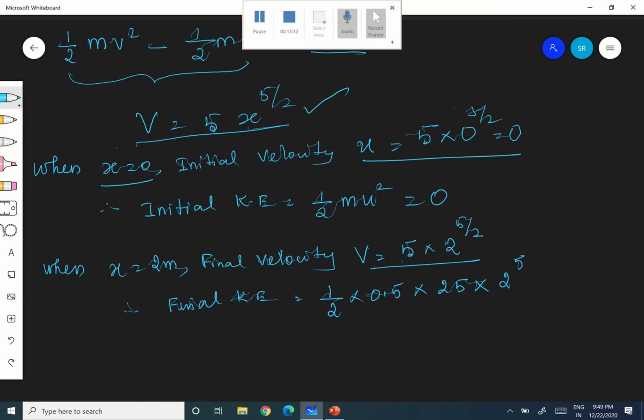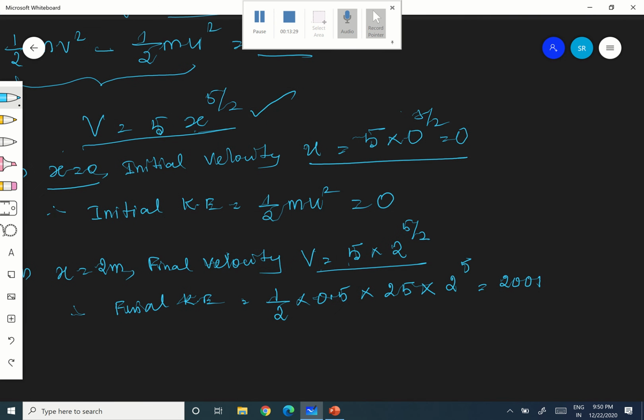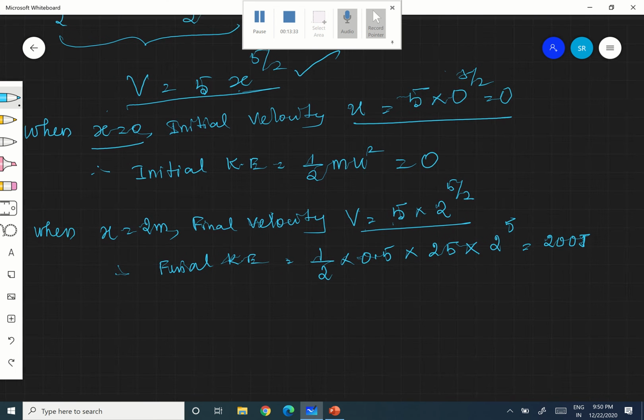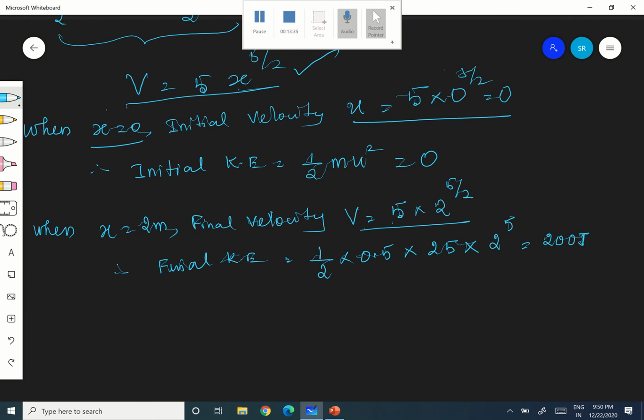Are you following, children? Therefore, what is this expression? If you find out, you will get half into 25 into 2 to the power 5. That value will be 200 joules.